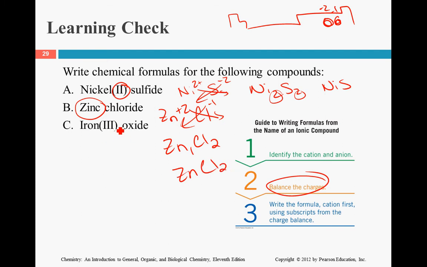And then finally, iron 3 oxide, that 3 means it's a +3 charge. So Fe +3. Oxide is oxygen, and it's right here, also a -2. Crisscross, Fe2O3 when you balance the charges, and you write in the subscripts.